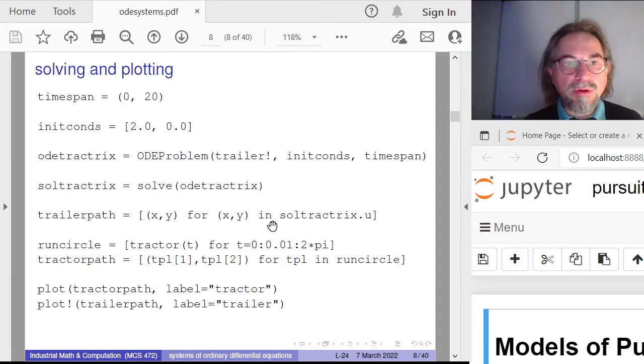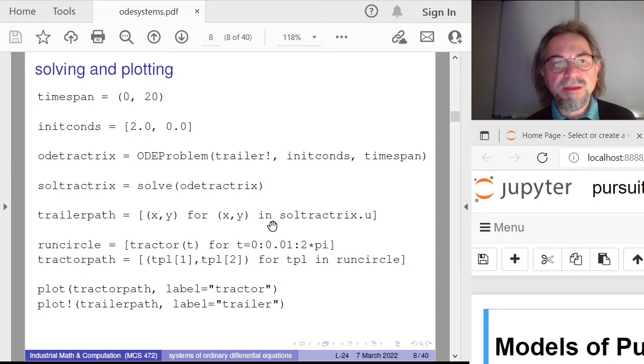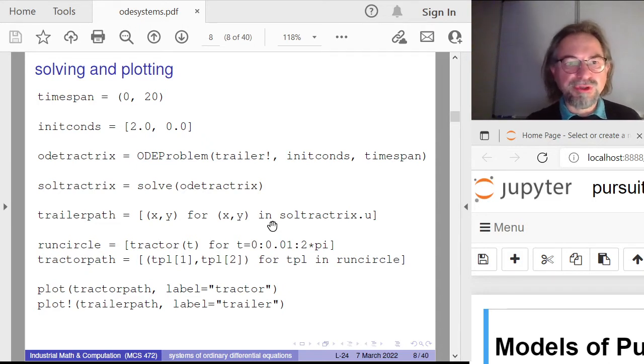Okay, so that's it. That's what we have to do as programmers. Then in calling the solver, we first define the time span, then the initial conditions. Note that the unit circle starts at time equals 0 at the right, at the position 1, 0. The length of the bar that connects the tractor to the trailer will be 1, so we will start at position 2, 0 with our trailer.